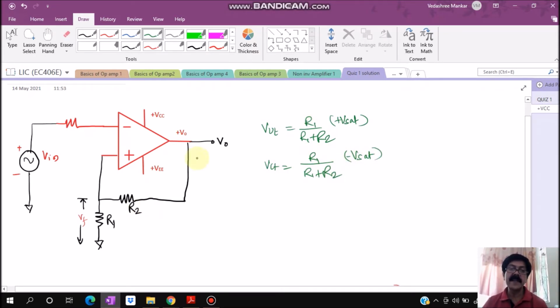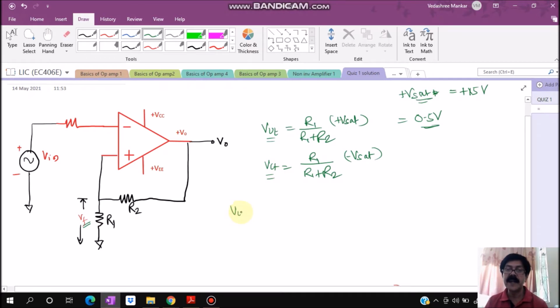Mind it, this is the feedback voltage across R1 at the non-inverting terminal. So either plus or minus, VUT or VLT we will take. As it is given, VUT we need to set for 0.5 volt at plus Vsat of plus 15 volt.